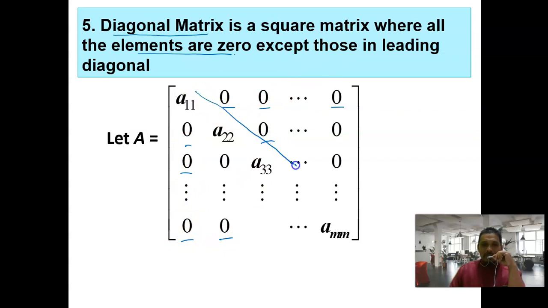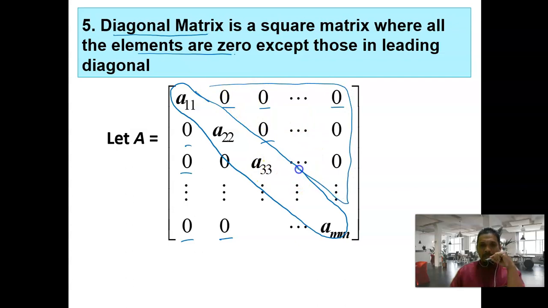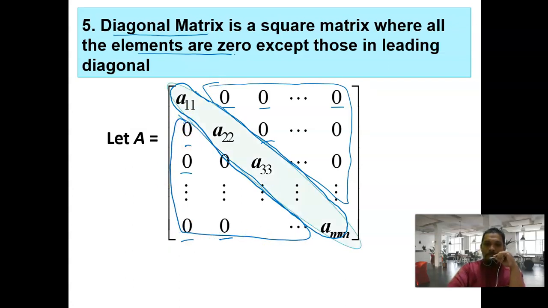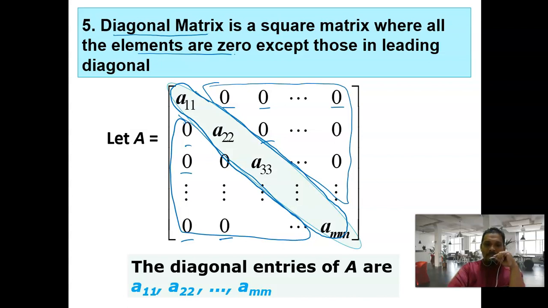Leading diagonal means these elements here, which are not zero, while the upper triangle and the lower triangle are all zero. The diagonal entries of A are a_11, a_22 until a_mn.